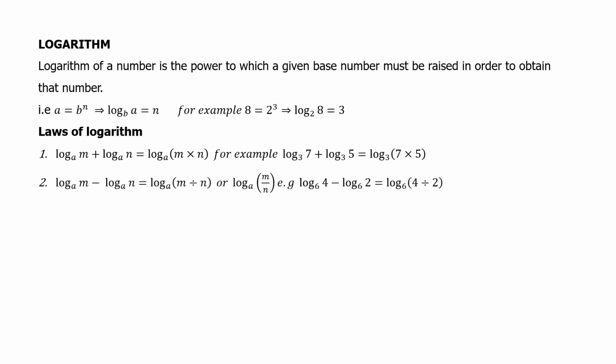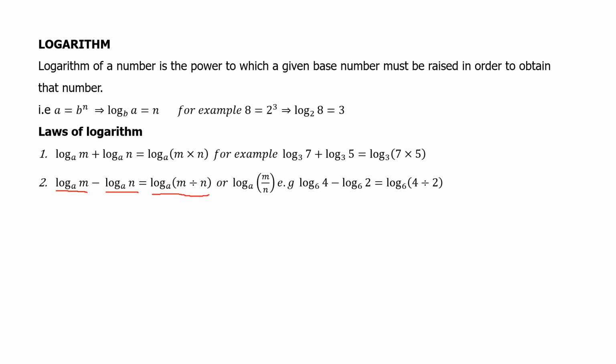When we go to the second law, the first and the second one, we use them so much in O level, so they don't differ so much. Log of m base a minus log of n base a gives us log of m divided by n base a.